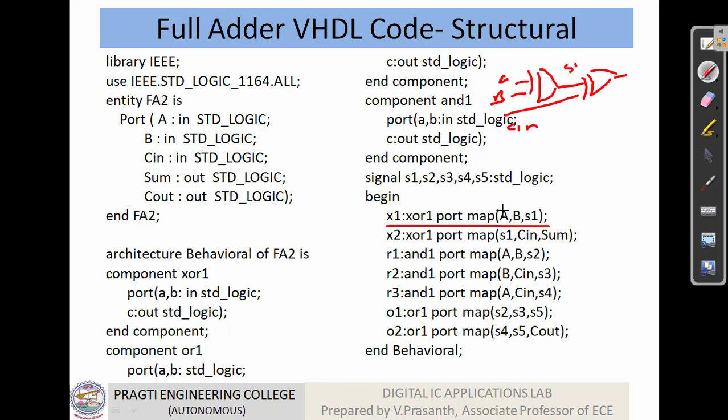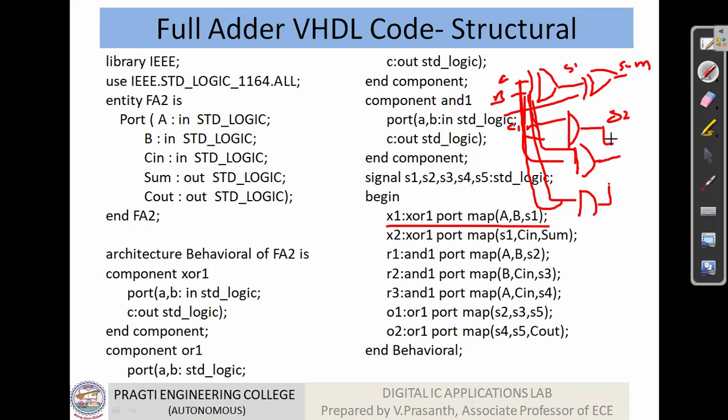So S1 and Cin are the inputs and sum will be the output. Now the AND gates are AB, BC, AC. Three AND gates. AB, output is S2, BC is another AND gate, and AC is another AND gate. These three are connected to an OR gate.